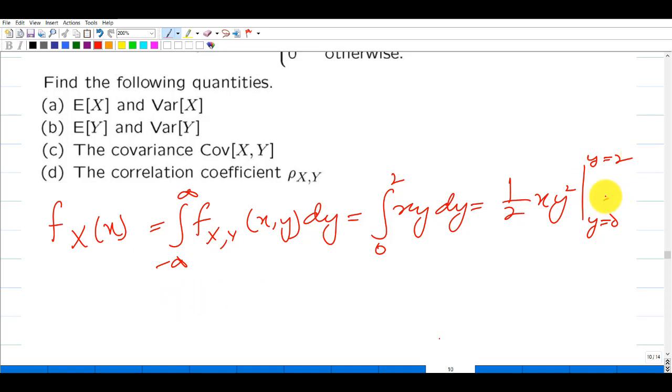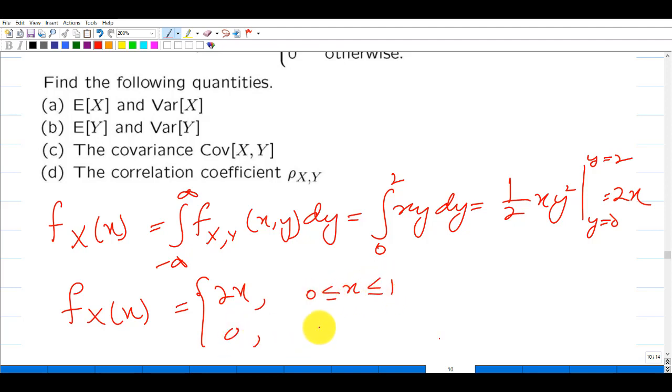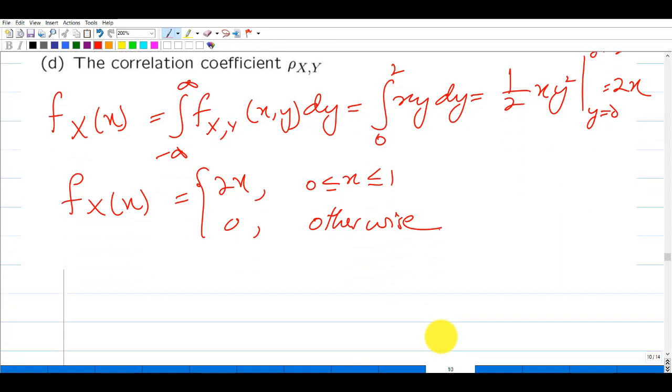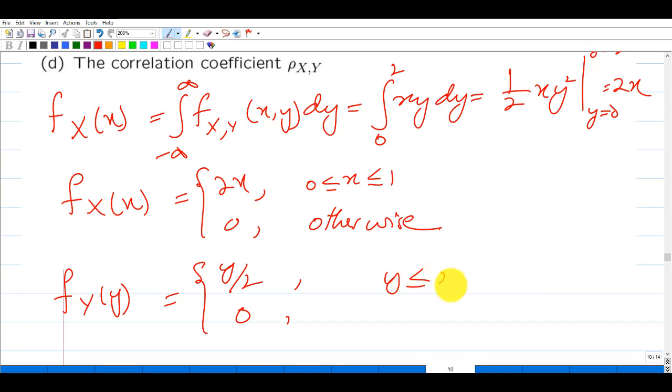So this will come out to be 2x. So we can say that f of x is 2x for x between 0 and 1, 0 otherwise. Similarly, f y of y will be y over 2 for y between 0 and 2. I hope you can find it similarly by integrating over x.